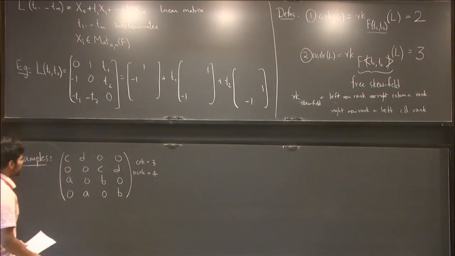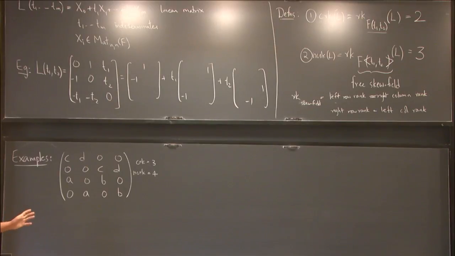So far I have not really told you how one might actually compute the non-commutative rank. We know what the definition is, but it's not so clear how to compute it. But you should be able to compute the commutative rank of this, and if you do, you should be able to see that it's 3 and not 4. It's not a hard computation, it's a 4 by 4 matrix.